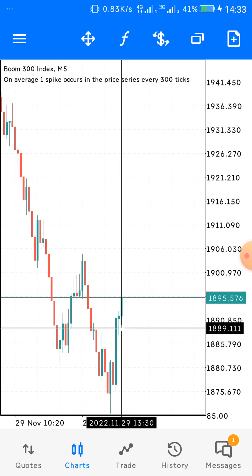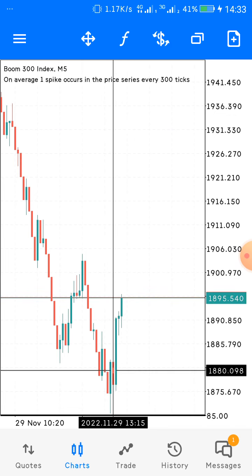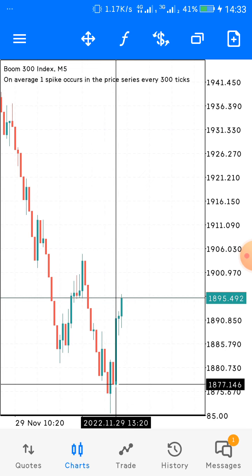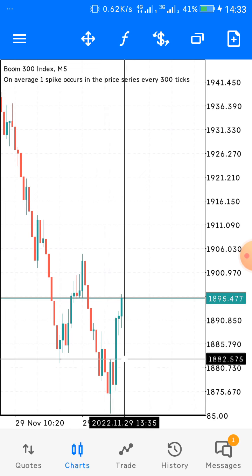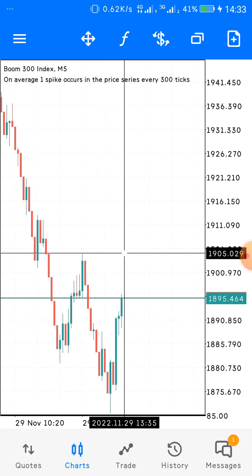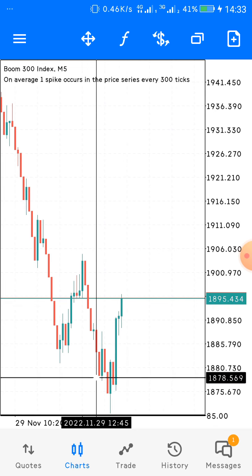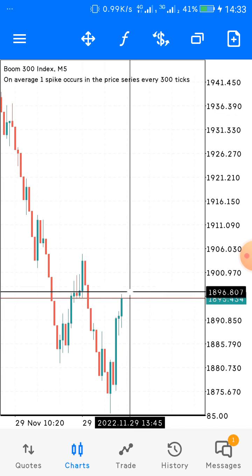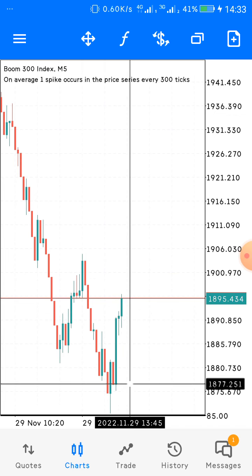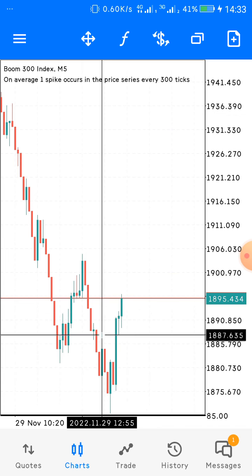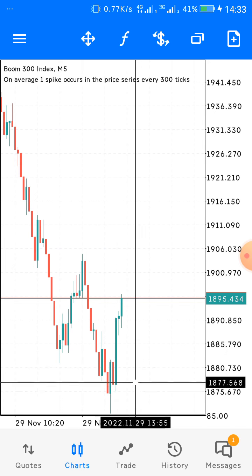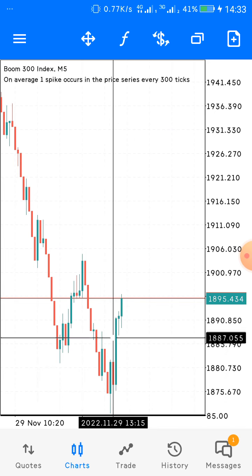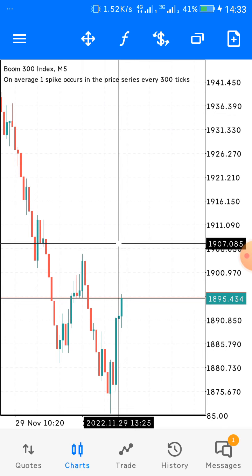So whenever I see that it's still giving me a signal for more spikes, I open additional positions, and then once the major spikes that we're expecting on the trade start happening, I close all other positions in profit, and I leave my lowest position to keep running as more spikes are coming.